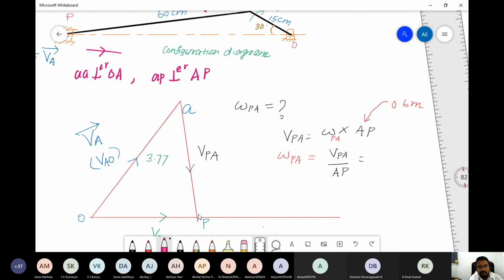Then OP parallel to OP. These are the three steps we did in this. Now when we draw, this will intersect here. Now we are getting the magnitude of AP.